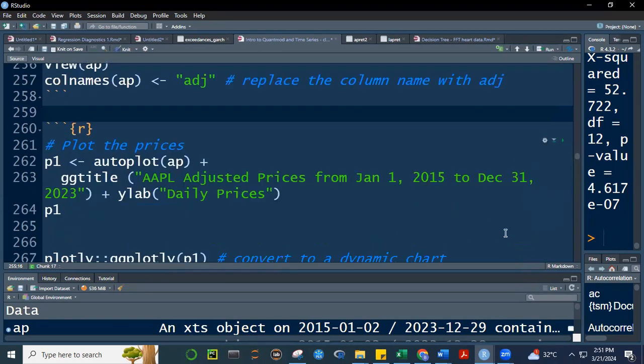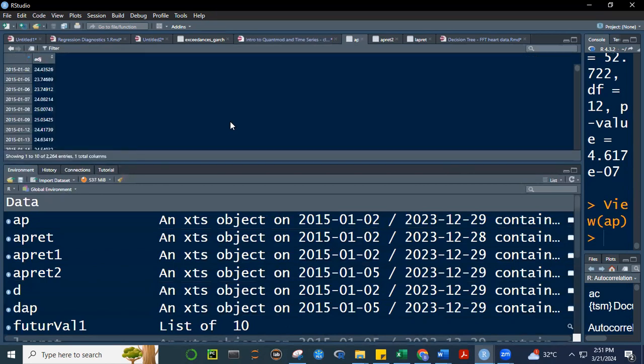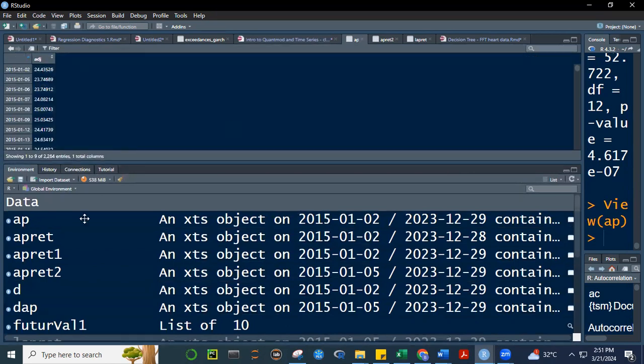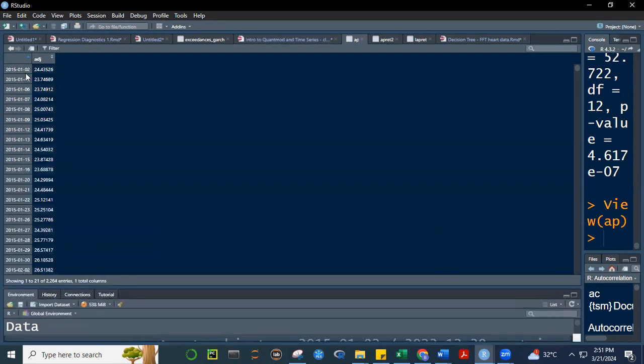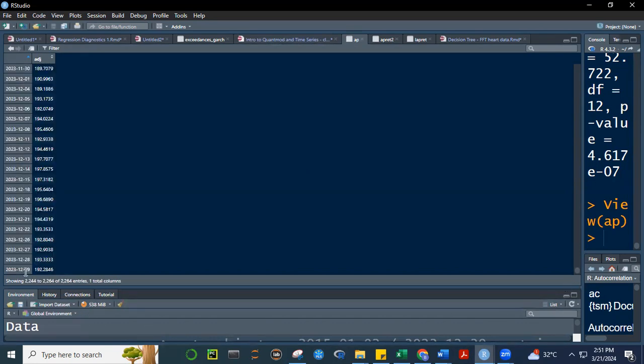So the AP object that I now have here, let me just show you, is this one. The AP object consists of the adjusted prices of the Apple stock from January 2, 2015 until December 29, 2023. Okay, so that's our data.